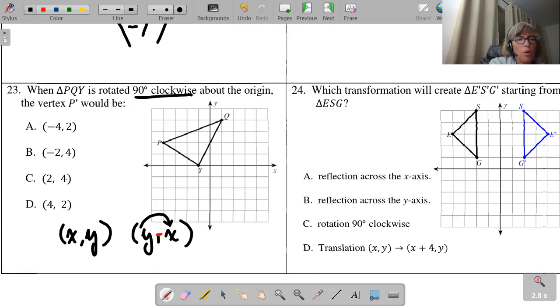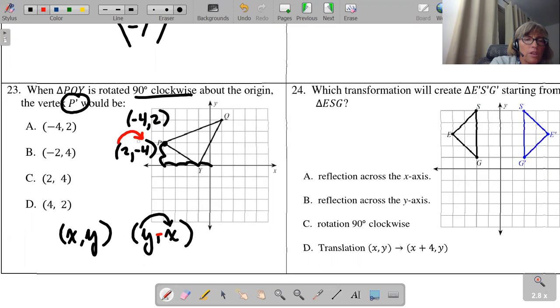It's asking only for the image of P. P is sitting at -4, 2. Therefore, you first switch the order to 2, -4. And because it's clockwise, you flip just that sign. So 2, 4. The answer is going to be C.